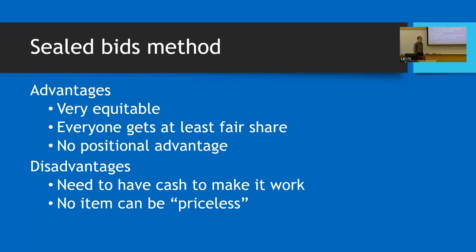The two disadvantages, one of them is sort of unique to this method. That's the first bullet point. The unique disadvantage to this method is that you have to have cash to make it work. All right.